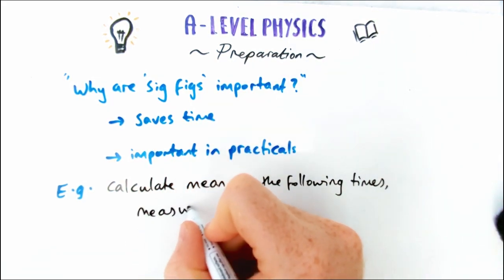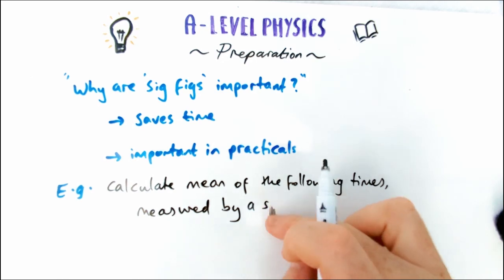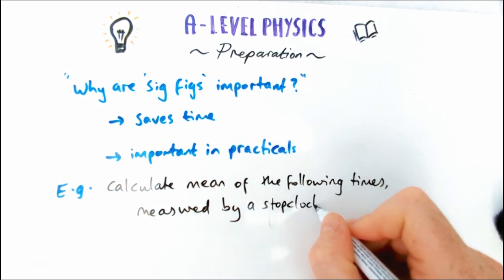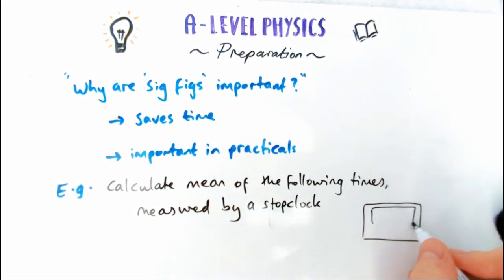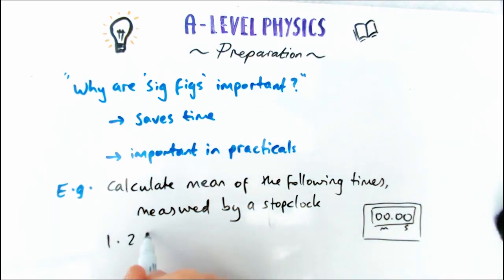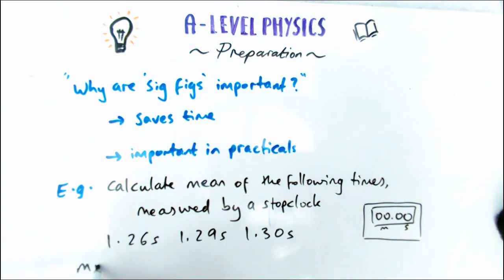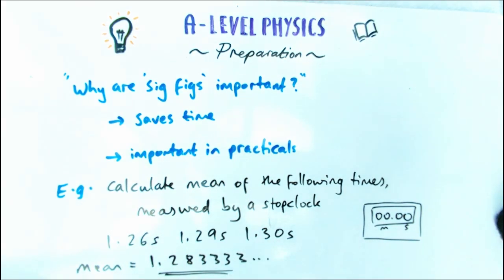Now we need to know how many significant figures to quote it to. The stop clock we're using is just a regular stop clock, it measures to seconds and hundredths of a second. So we've got 1.26, 1.29, 1.30 seconds. The mean happens to be 1.283333 recurring.